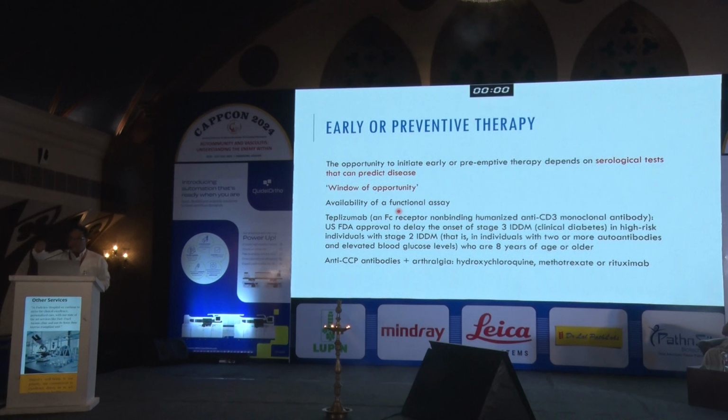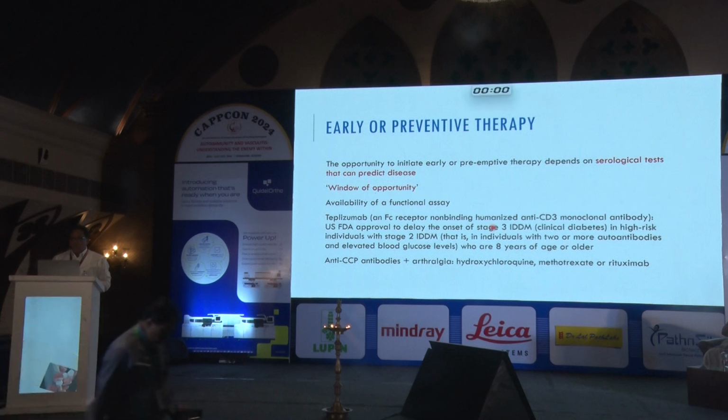We have an antibody, and we have a functional assay where you can see the glucose tolerance. If the glucose tolerance is impaired and there's an antibody, we can think of treating these patients. So there is an antibody, teplizumab, which has actually been FDA approved for treating patients who are autoantibody positive and have impaired glucose tolerance.